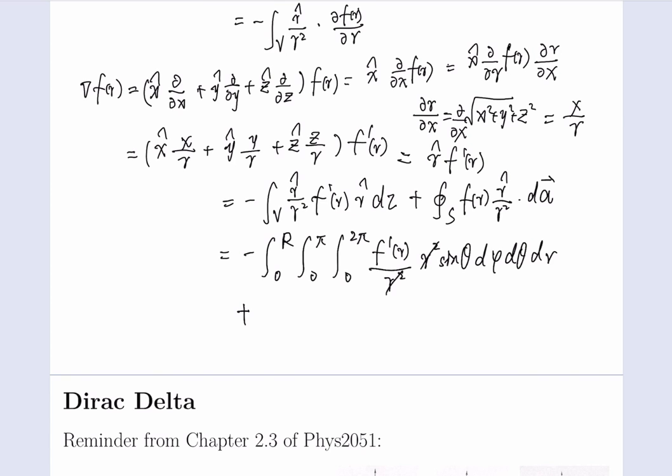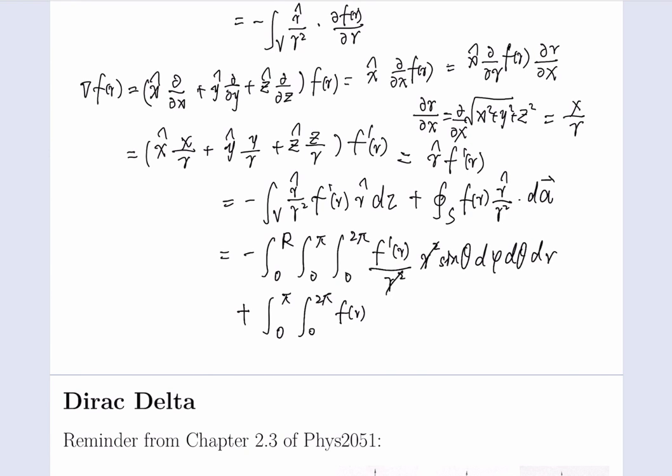So this integral should be written as theta from 0 to pi, phi from 0 to 2 pi, and we keep this term here, f of r.